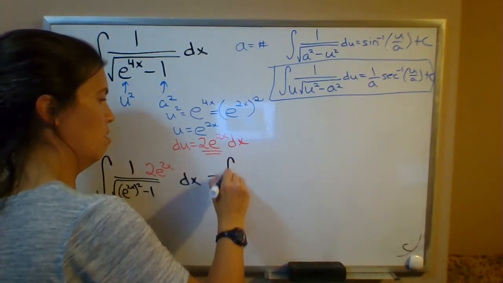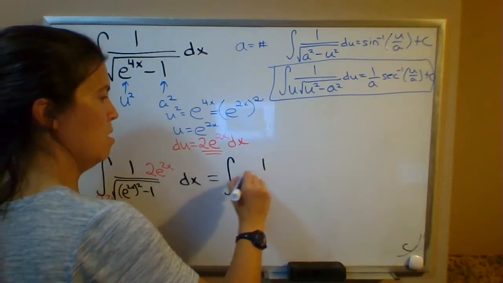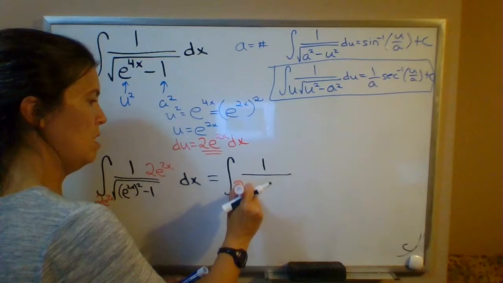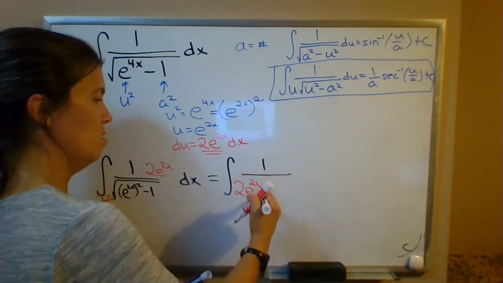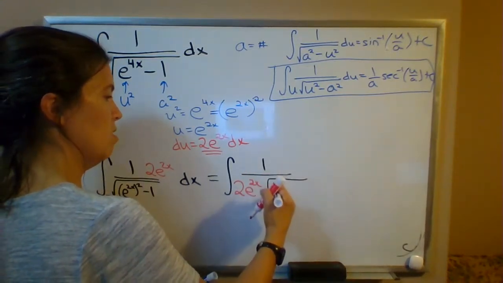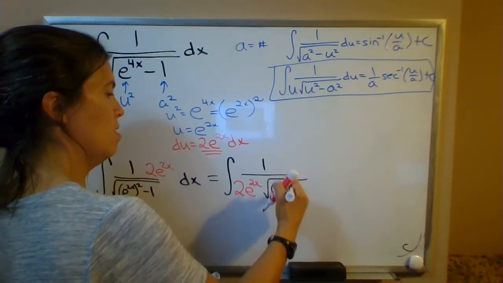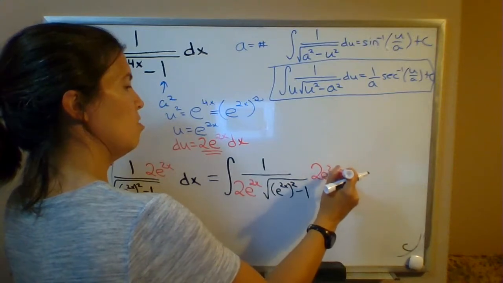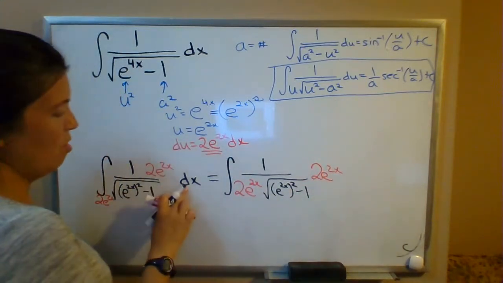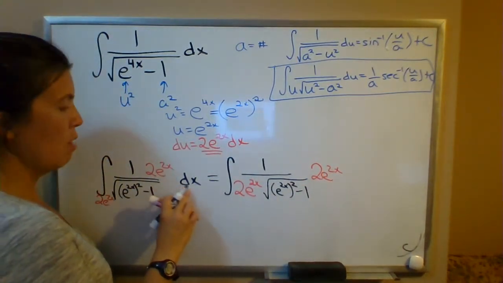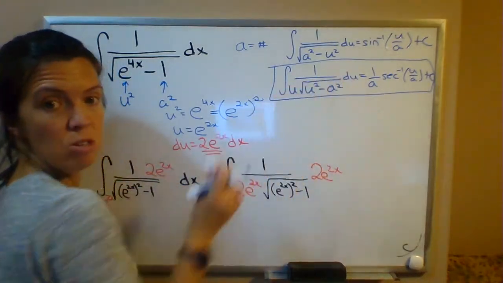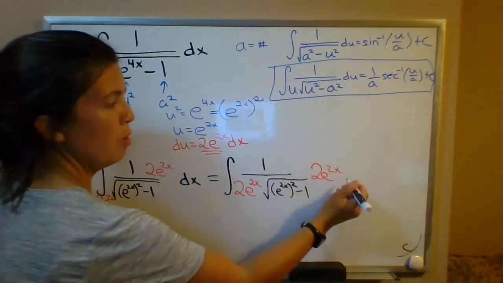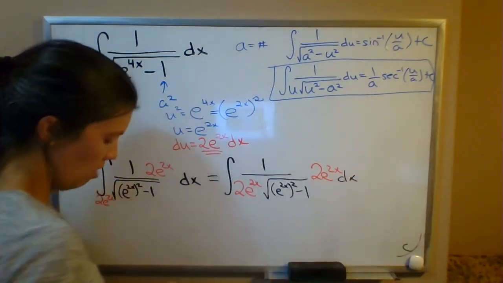So this is going to be 1 over, like I said, I'm introducing 2e to the 2x down here, times the square root of e to the 2x squared minus 1. And then I have this 2e to the 2x, which I'm putting over on the back here, because that's where I want the differential to go. That's where I want the du to end up. So multiplying by 2e to the 2x in the numerator and denominator, and I still have the dx here.